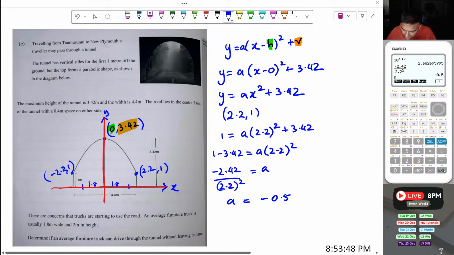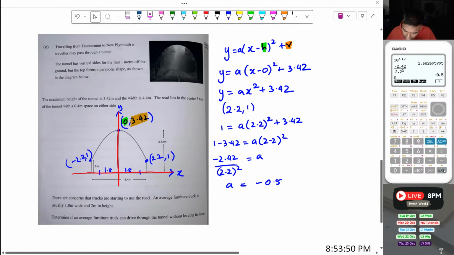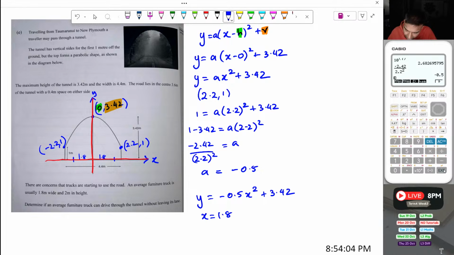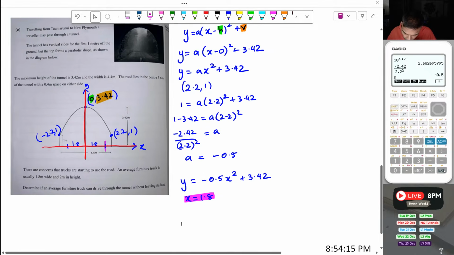All right, so once that's done, you've actually got the equation. Your equation of the parabola is y is equal to negative 0.5 x squared plus 3.42. So we now need to substitute x is equal to 1.8, because when x equals 1.8, that is this part right here. And we're going to figure out what the y value is, because we're going to figure out what this point here is going to be.